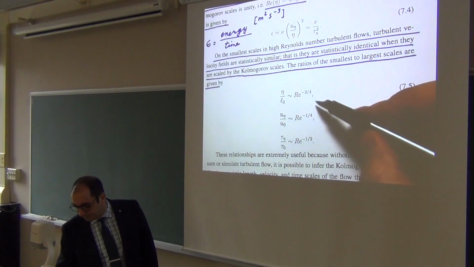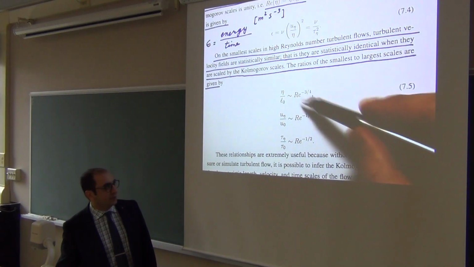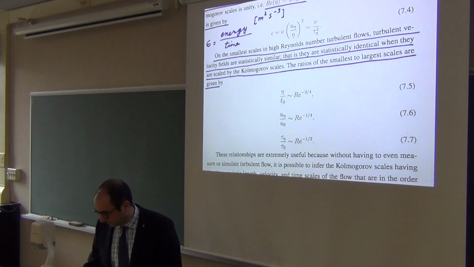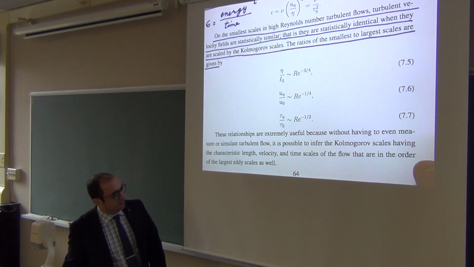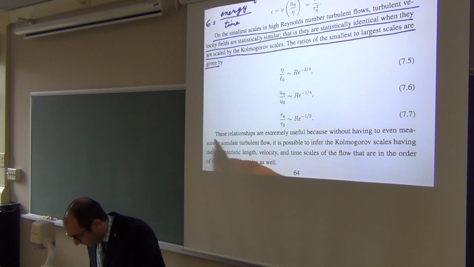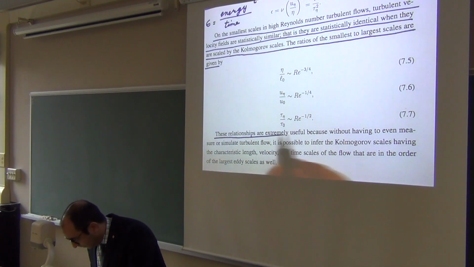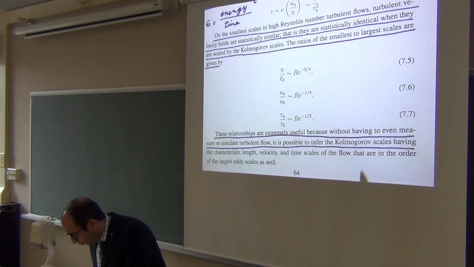Whoever designs and develops turbulence models uses these scaling relationships. I can put it in different words: these relationships are extremely powerful, because without having to even measure or simulate a turbulent flow, it's possible to infer the Kolmogorov scales and understand what length, velocity, and time scales they are with respect to the largest eddies.